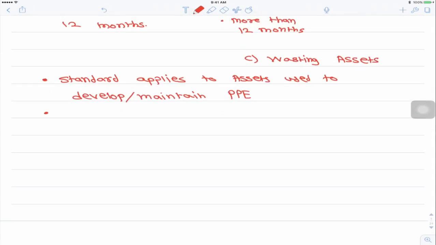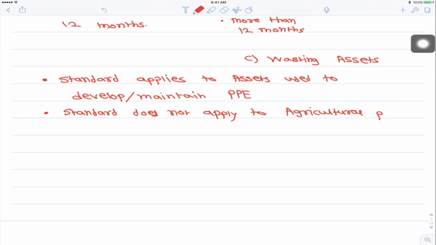So standard does not apply to agricultural produce. It does not apply to agricultural produce.